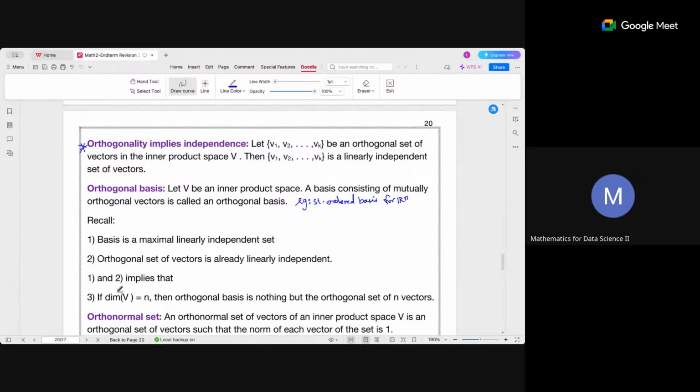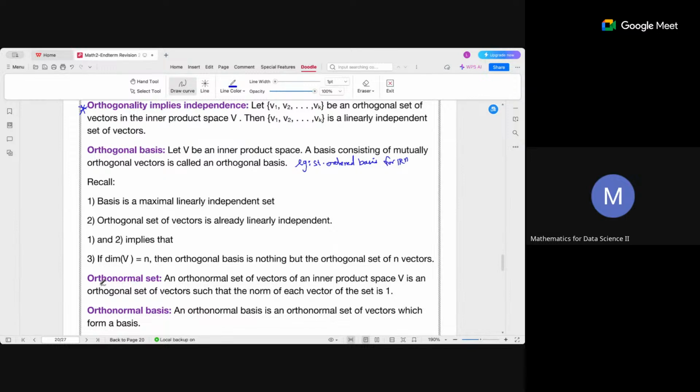So what does that mean? If the dimension of V is n, then the orthogonal basis is nothing but an orthogonal set of n vectors. So if you take any orthogonal set of n vectors in an n-dimensional space, that will form an orthogonal basis. Okay.